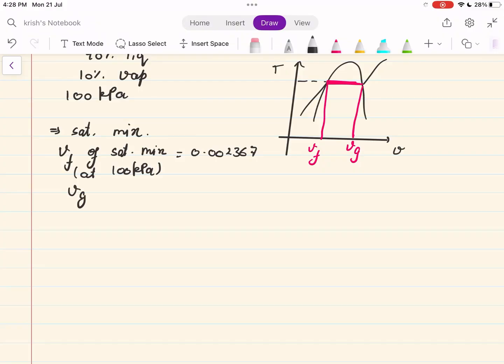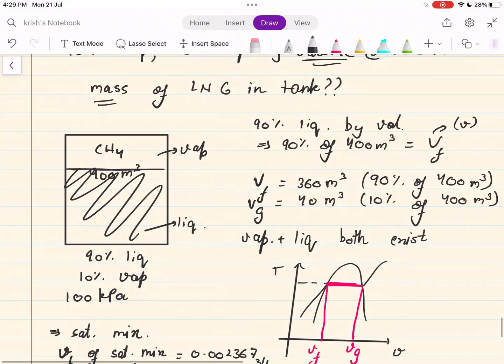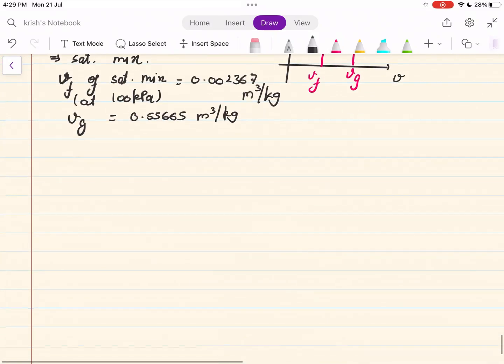Vg, now these are the small v values because in the table we are given the specific values, equals 0.55665 meter cube per kg. And over here I'm going to write meter cube, because these are not specific.